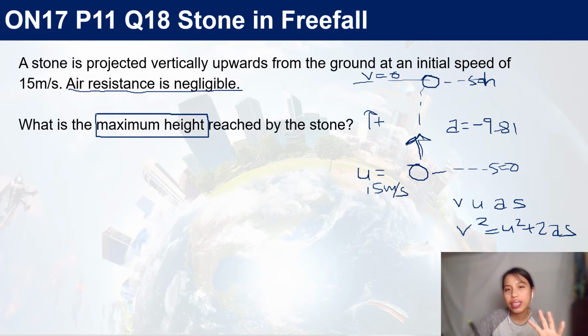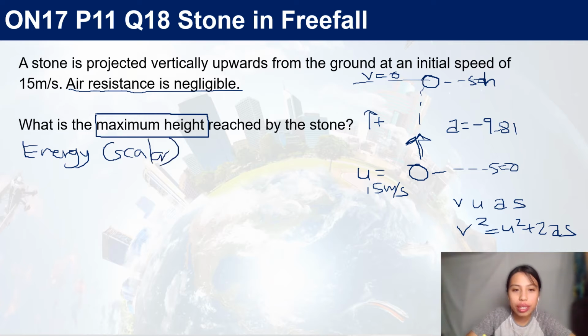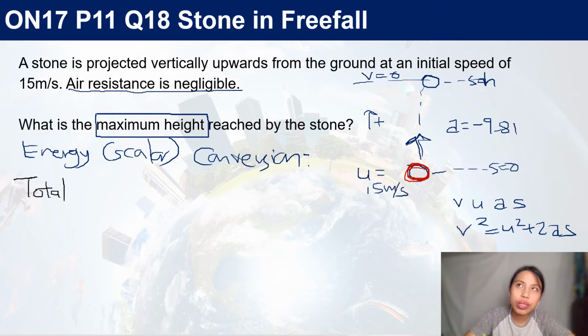Energy usually is a bit easier because energy is a scalar. Anyway, so energy, a scalar. Conversion. Let's think about it in terms of conversion. When this ball is at the bottom, and we say that is 0 height, what's the total energy when it's at the bottom? E_i here is initial. So in the beginning, it's at height 0.